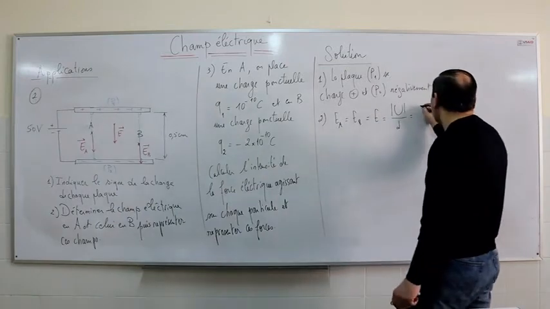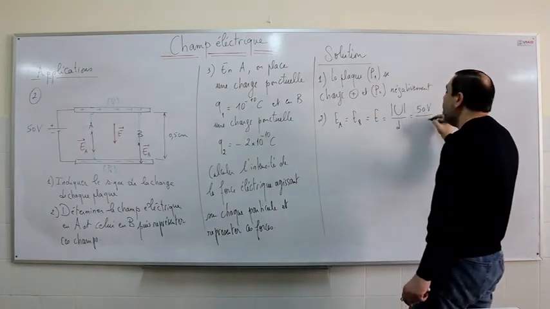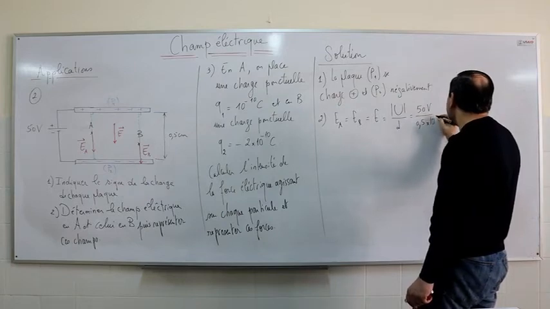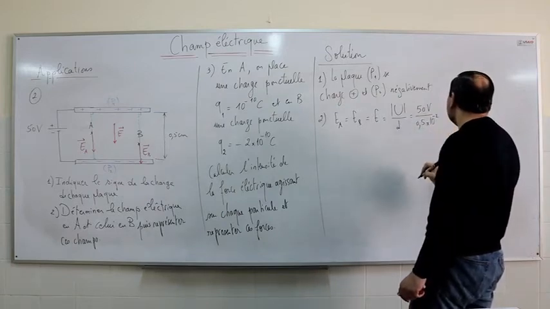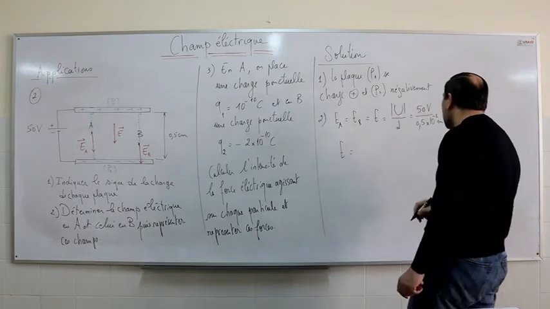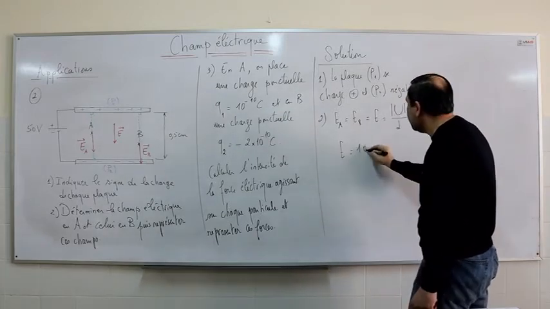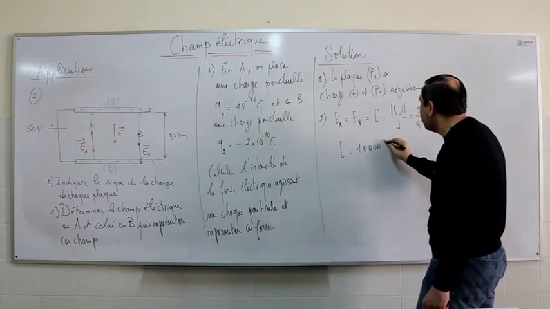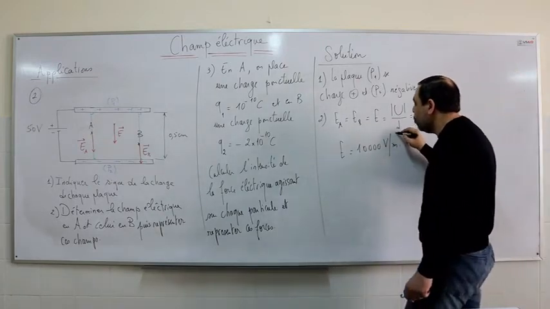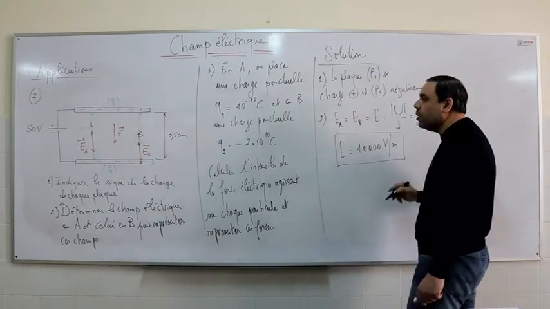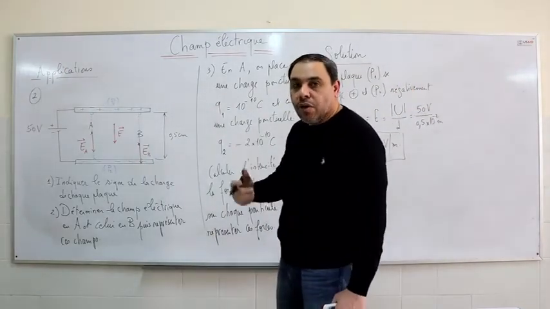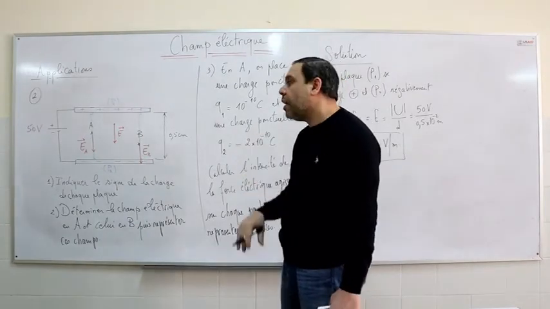The absolute value of the voltage between the plates is 50 volts, over the distance, which is 0.5 times 10 exponent minus 2 meters. E in this case is equal to 10,000 volts per meter. The magnitude of the electric field between the plates is always constant, directed from the positive plate to the negative one.